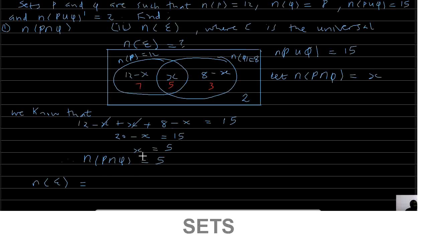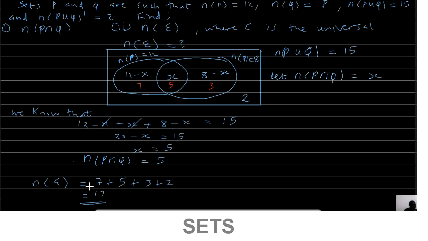We shall have to add all elements which are inside here without repeating, and that will give us the universal. So we shall have 7 plus 5 plus 3 plus these 2. When we press on our calculator, we shall have the universal having 17 members. So that is our second example.